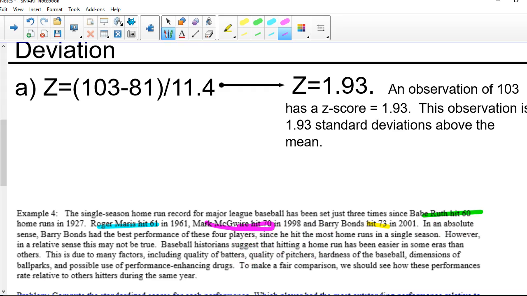However, in a relative sense, this may not be true. Baseball historians suggest that hitting a home run may have been easier in some eras than others. This is due to many factors, including quality of batters, quality of pitchers, hardness of the baseball, dimensions of the ballpark, and the possible use of performance-enhancing drugs. To make a fair comparison, we should see how these performances rate relative to other hitters during the same year.